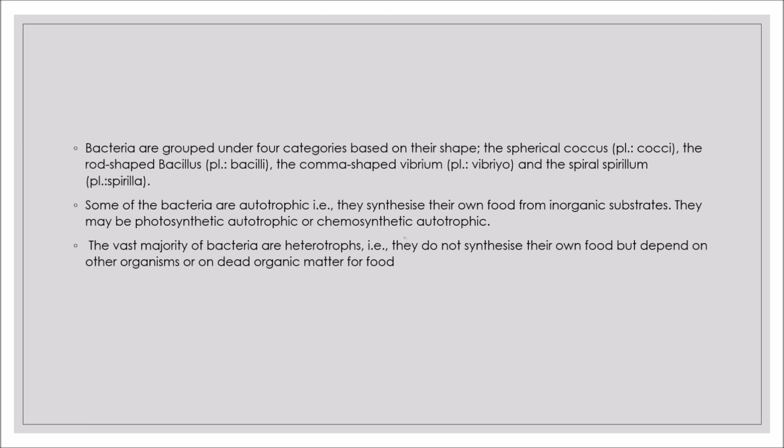Some bacteria may have chlorophyll in them, so with the help of sunlight, water, and carbon dioxide, they produce starch. They are known as photosynthetic autotrophic. Or sometimes it may be due to some chemicals present in the body of the bacteria that make them autotrophic, that is, they can prepare their own food. Those types of bacteria are known as chemosynthetic autotrophic.